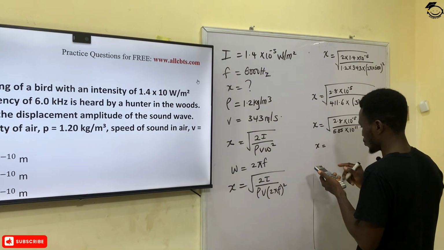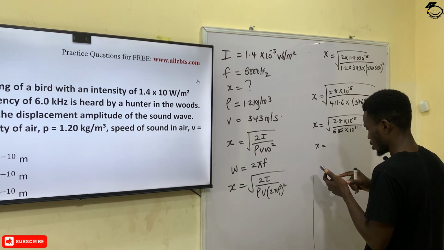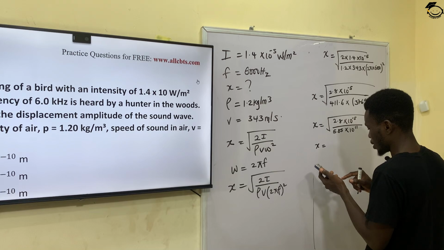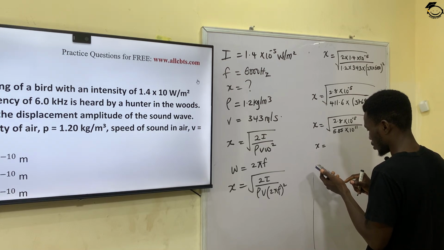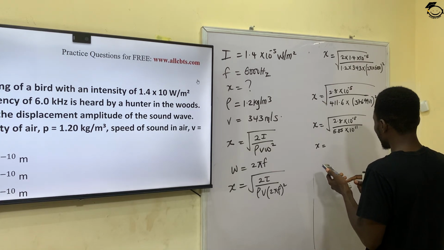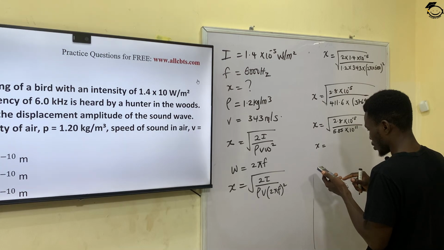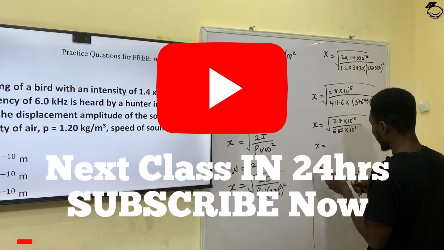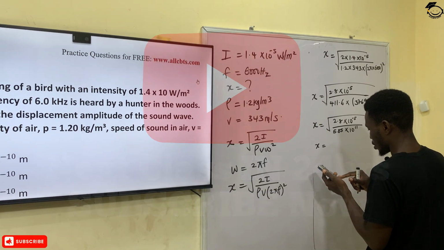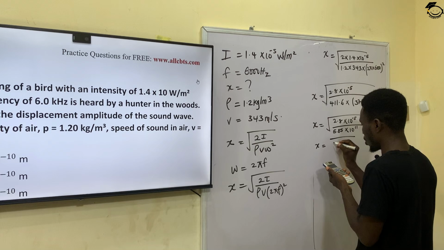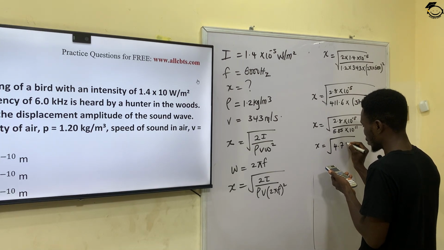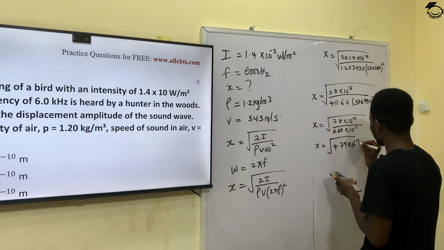So x is equal to 2.8 times 10 raised to the power minus 5, and at the end of the day I divide this by 5.85, so this gives the square root of 4.79 times 10 raised to the power minus 17.